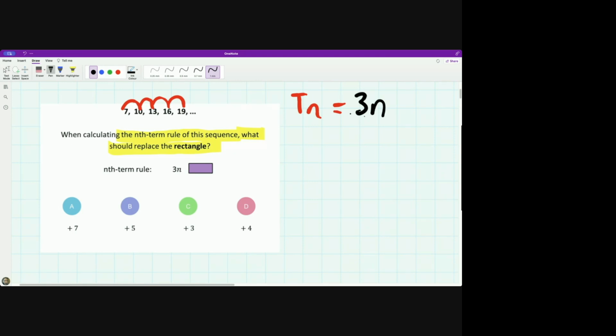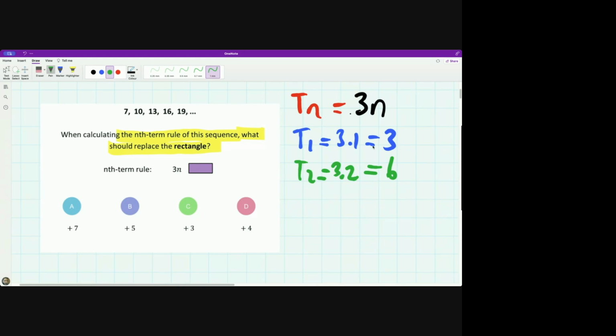But if I use this formula and I put a 1 where the n is, if I go T1, I get 3 times 1, which is 3. What is the first term here? Is the first term 3? No. And if I put a 2 there, I would get 3 times 2, which is 6, which also doesn't match.